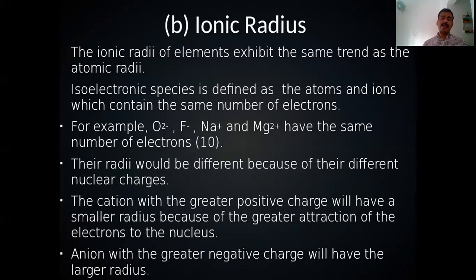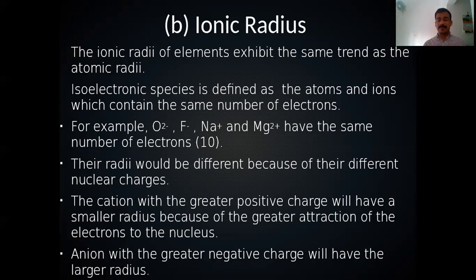So in the case of isoelectronic species, cations, positively charged ions, have excess nuclear charge. That means more positive charge than electrons. So the attraction towards the outermost electron will be high.